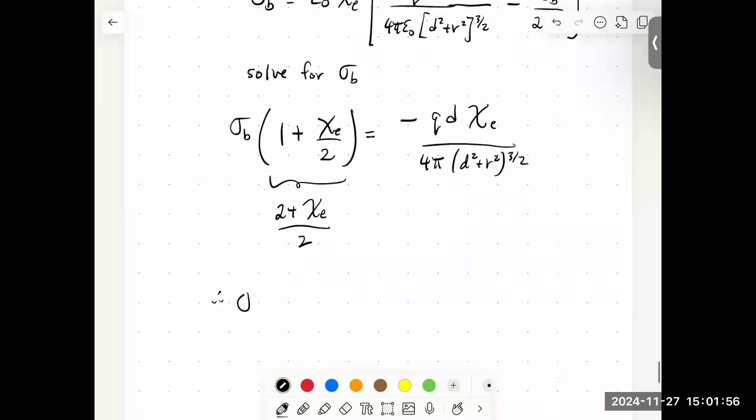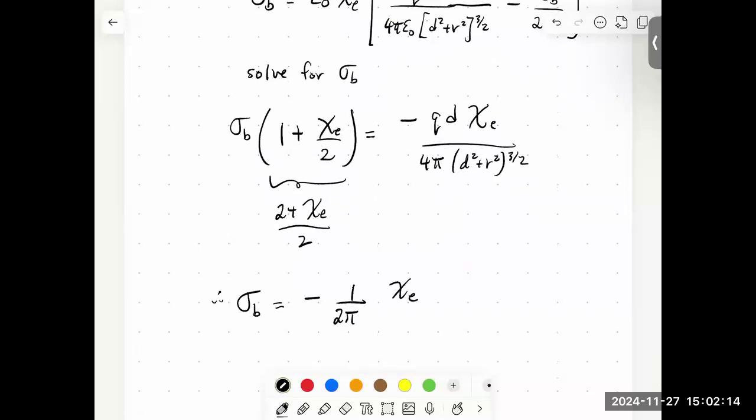So therefore, finally, sigma B is equal to minus. Let's see, the 2 is going to cancel partially with that 4. So we'll have a 1 over 2 pi.